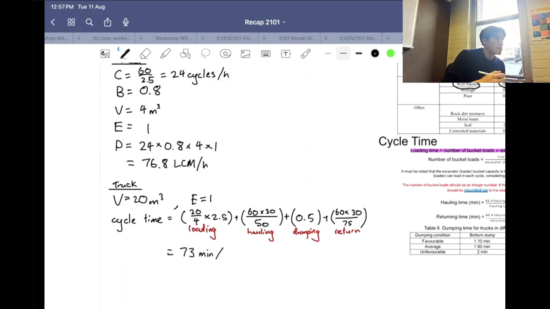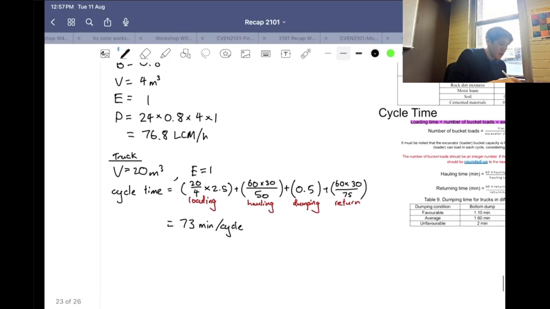So that's just the time in minutes it takes for the trucks to do one cycle. And to convert the cycle time to the cycles per hour, you just do 60 divided by the cycle time, 60 divided by 73, which should give you 0.82192 cycles per hour.